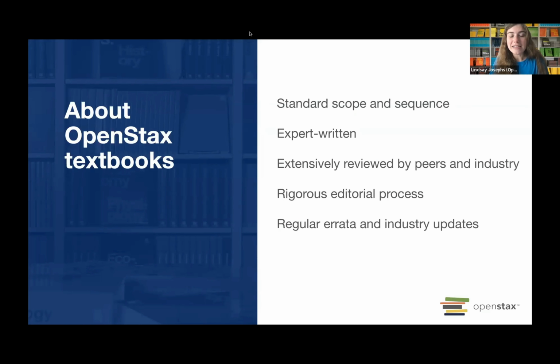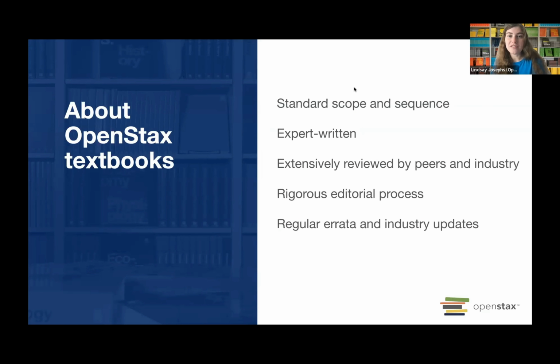All right, now I'm going to talk a little bit more about OpenStax textbooks. As I discussed earlier, OpenStax offers free textbooks in the areas of math, the sciences, the social sciences, the humanities, business, and college success.